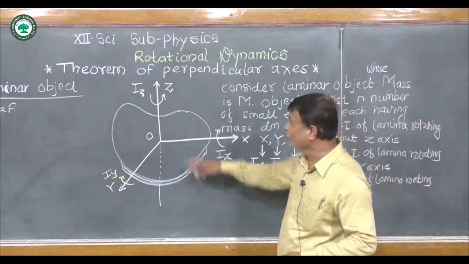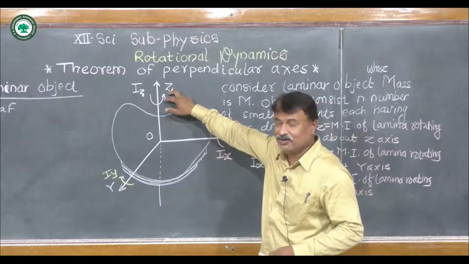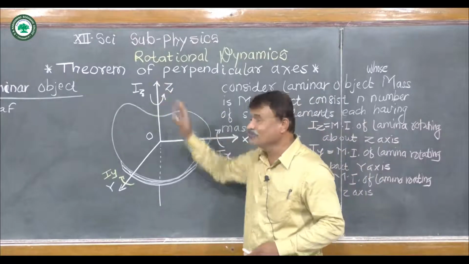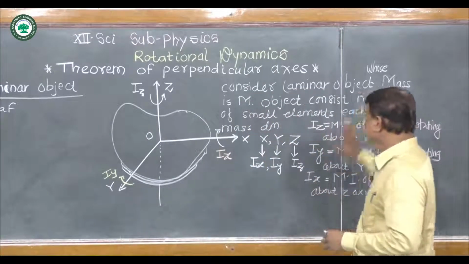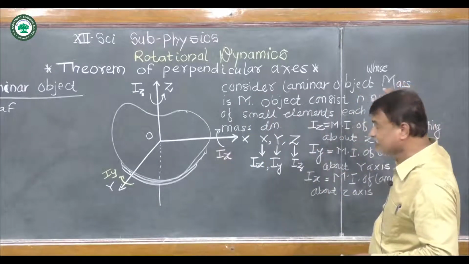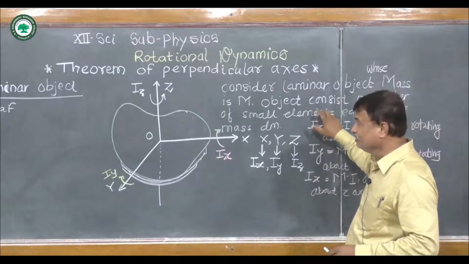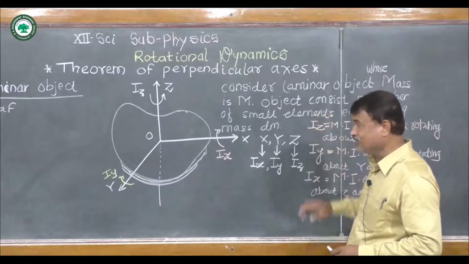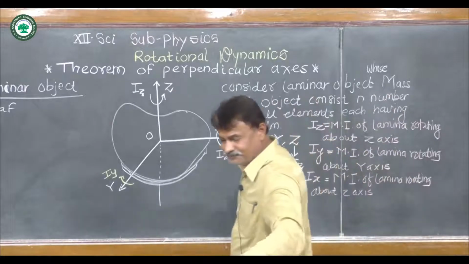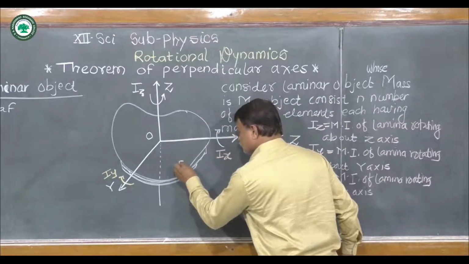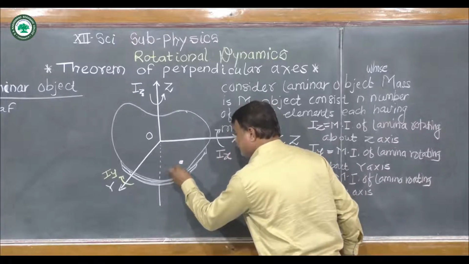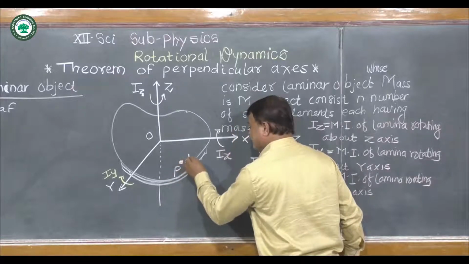Now we have to find the moment of inertia of a plane lamina rotating about the z-axis. As you know, this body consists of n number of small elements, each having mass dm. If you consider one such element which is situated at point say P, having mass dm.